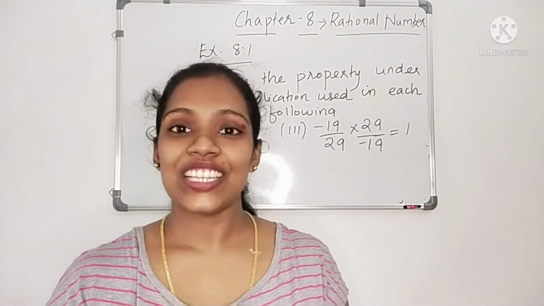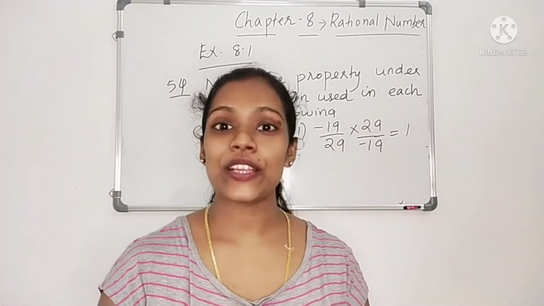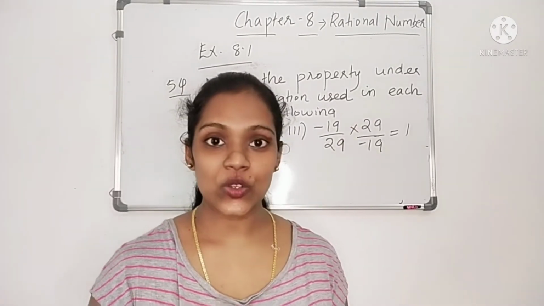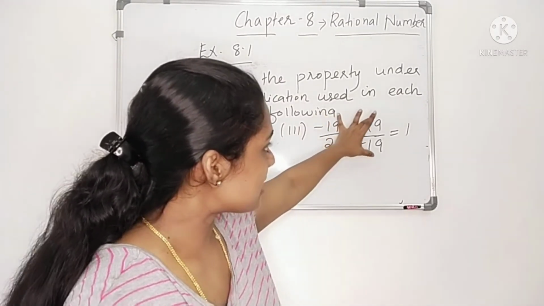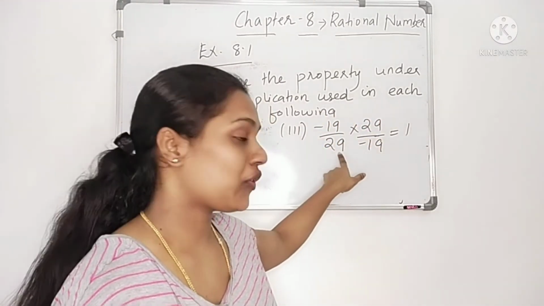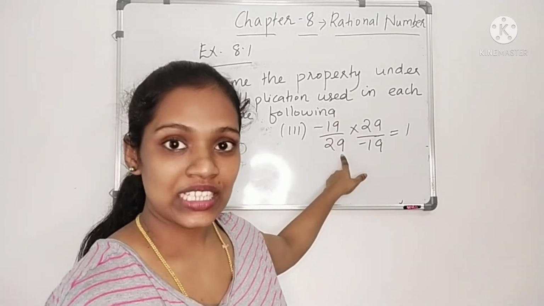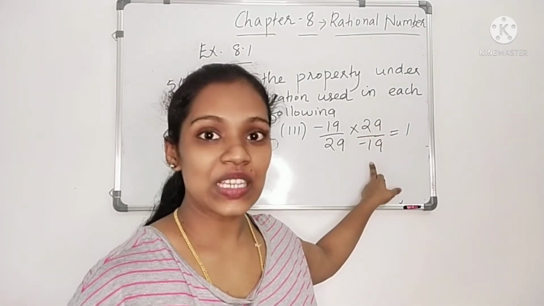Understood? Now we can move on to the next question, that is minus 19 by 29 into 29 by minus 19 equal to 1. Here you can see that this number is the reciprocal of this number. Minus 19 by 29 is the number, and here you have got 29 by minus 19, which is its reciprocal.